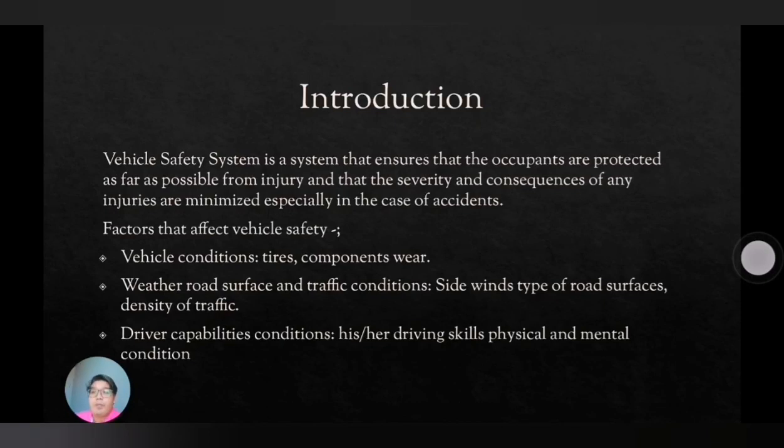Some of the factors that affect safety are the vehicle condition, the wear and tear of components, and the weather, road surface, and traffic conditions, which include side winds, the type of roads, and also the density of the traffic. The other one is driver capabilities, meaning the driver's driving skills and his or her physical and mental conditions during driving.